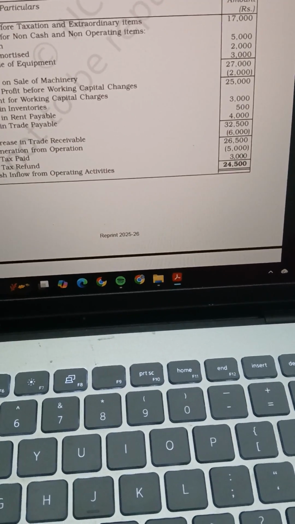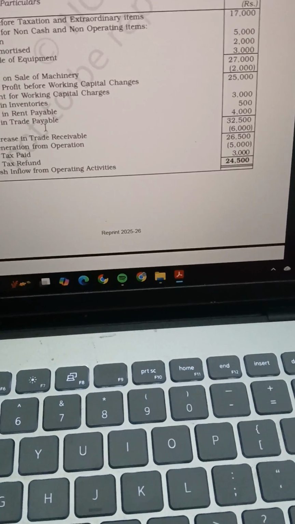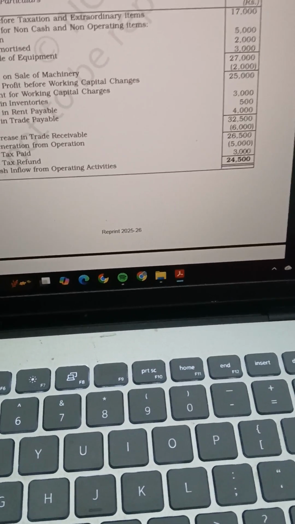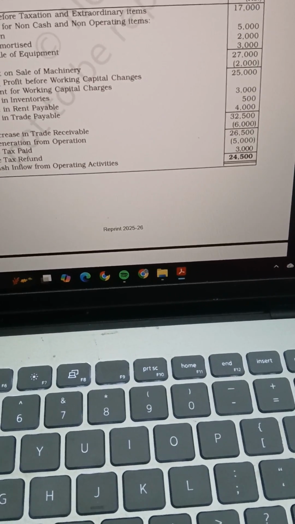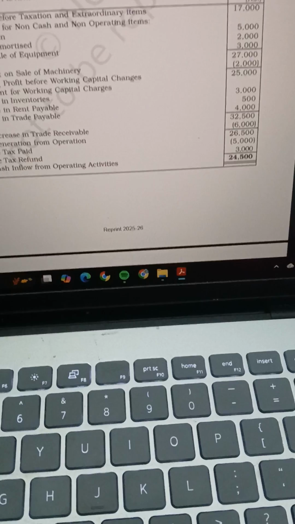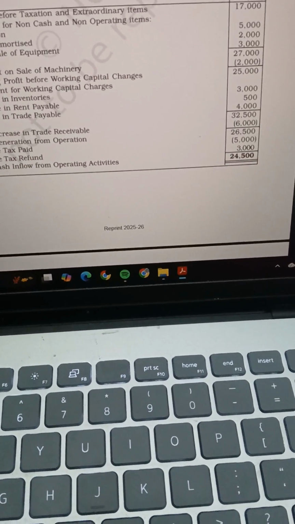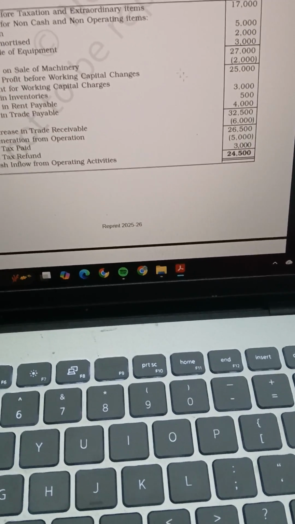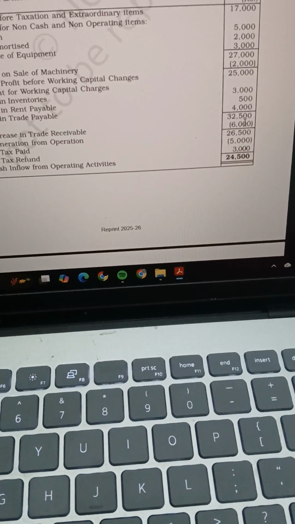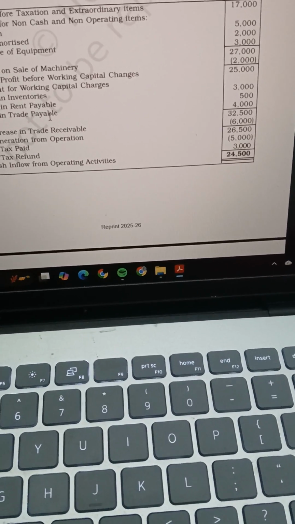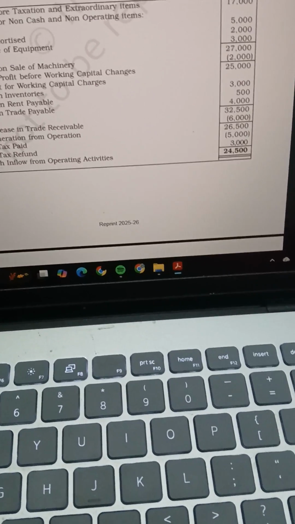Hence the decrease in rent payable will be 500. Then the increase in trade payable will be added. That is 4,000, by 25,000 minus 21,000. So by adding all these items, we get 32,500.